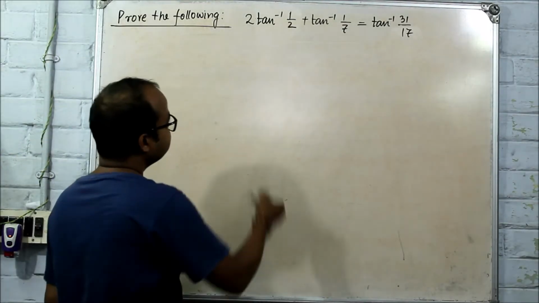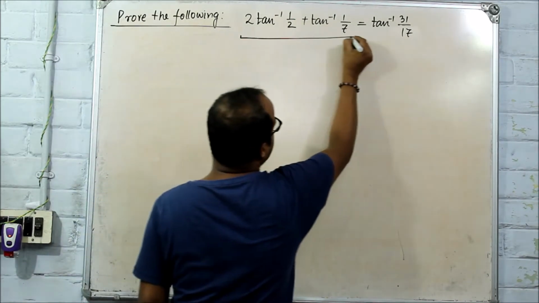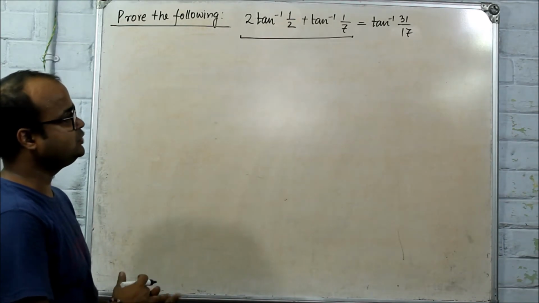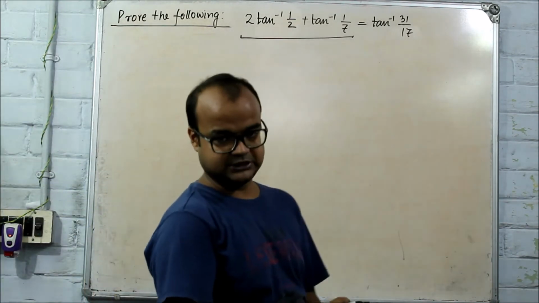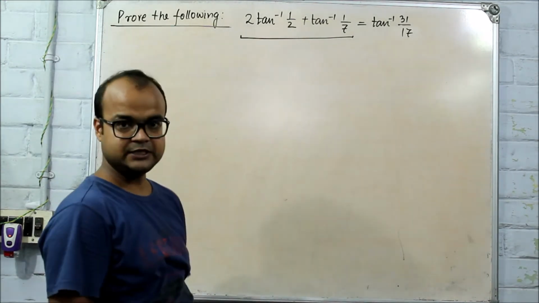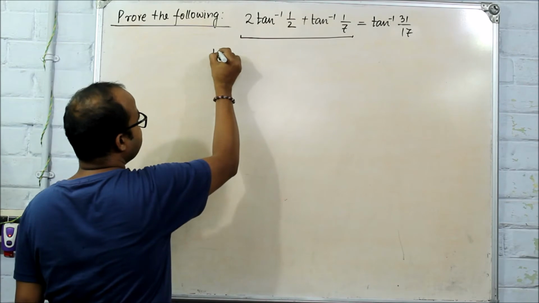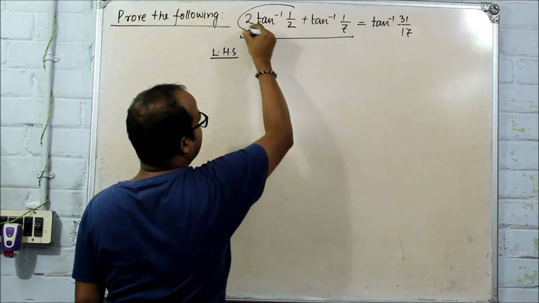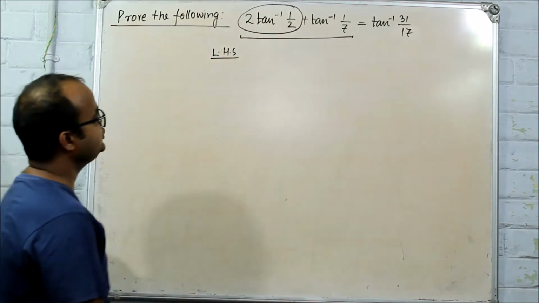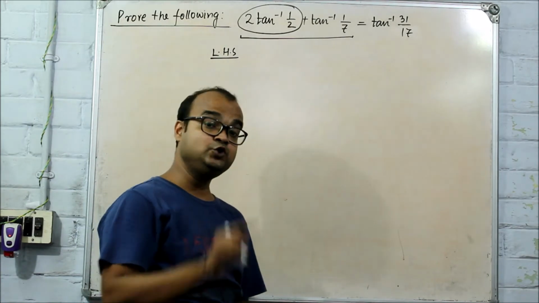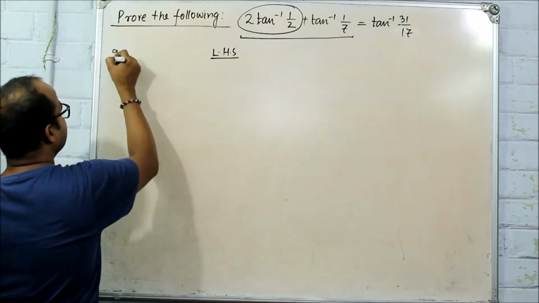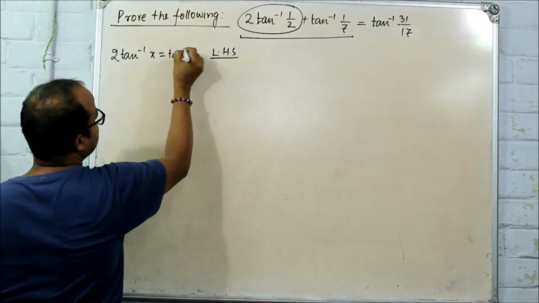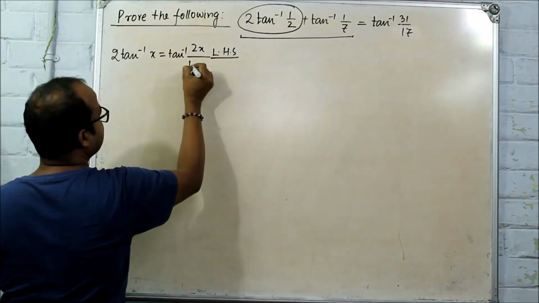Moving on to the next problem, 2 tan inverse 1 by 2 plus tan inverse 1 by 7 is equal to tan inverse 31 by 17. So we'll take the left hand side. For this part, 2 tan inverse of 1 by 2, we are going to apply the formula of 2 tan inverse x. The formula of 2 tan inverse x is equal to tan inverse of 2x by 1 minus x square.